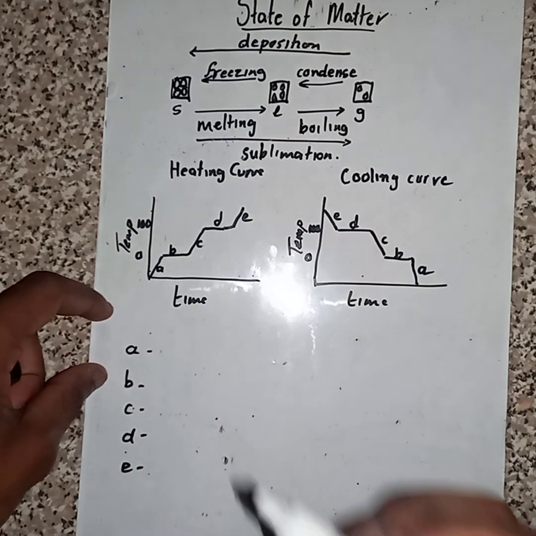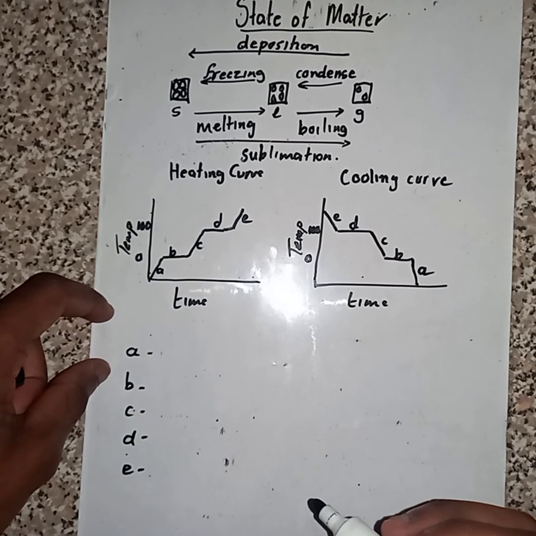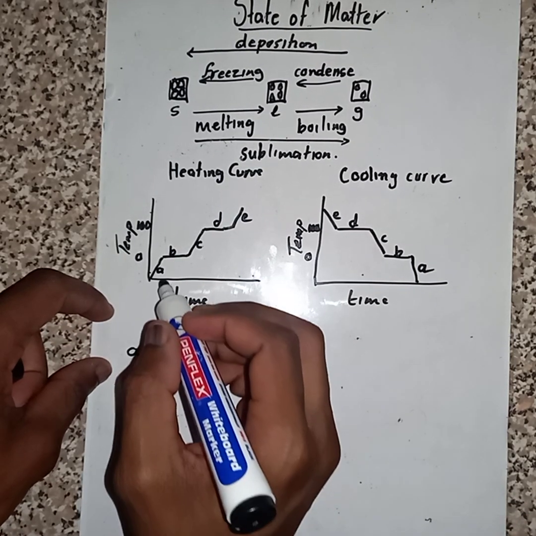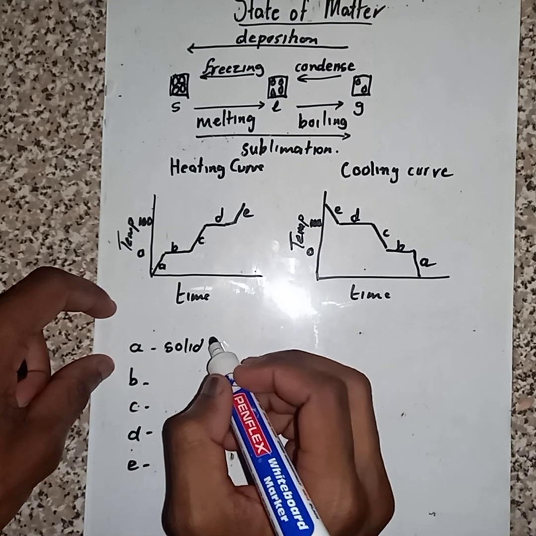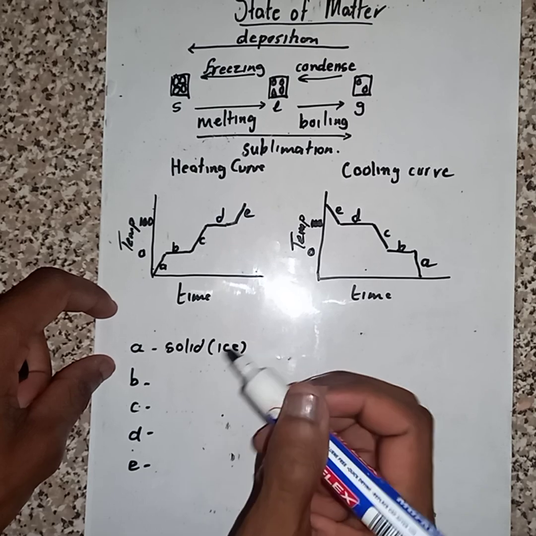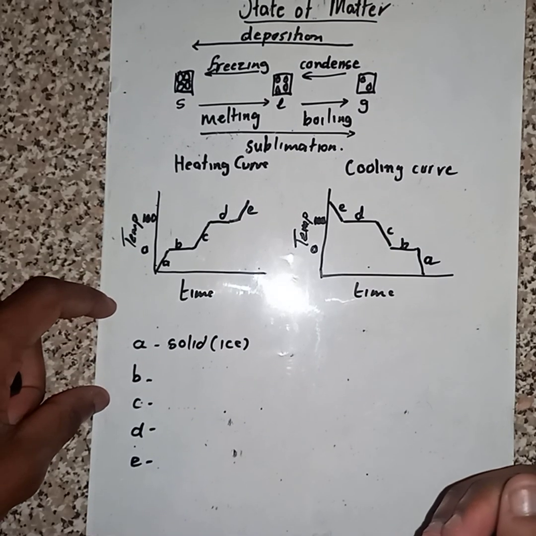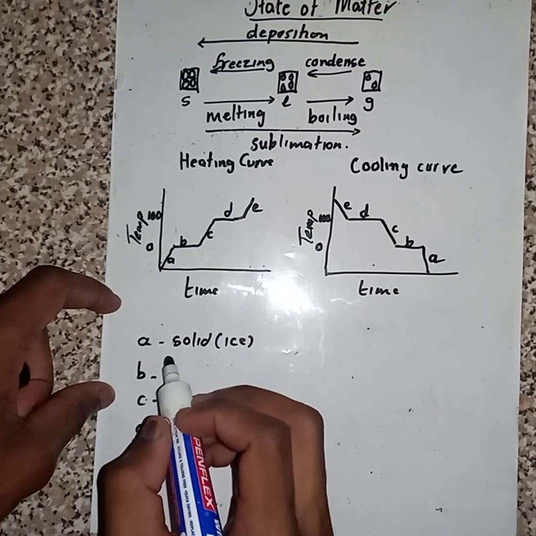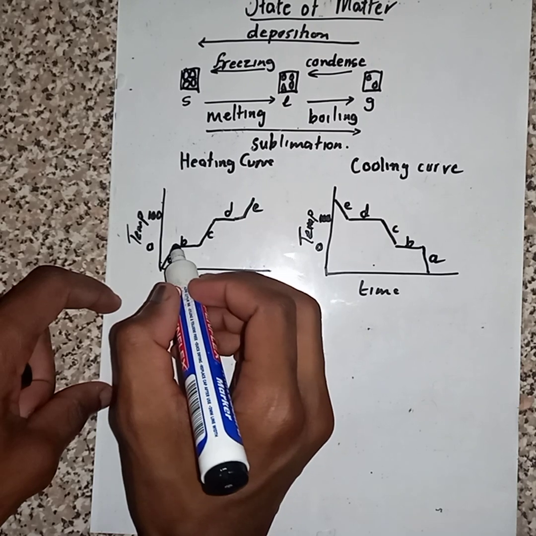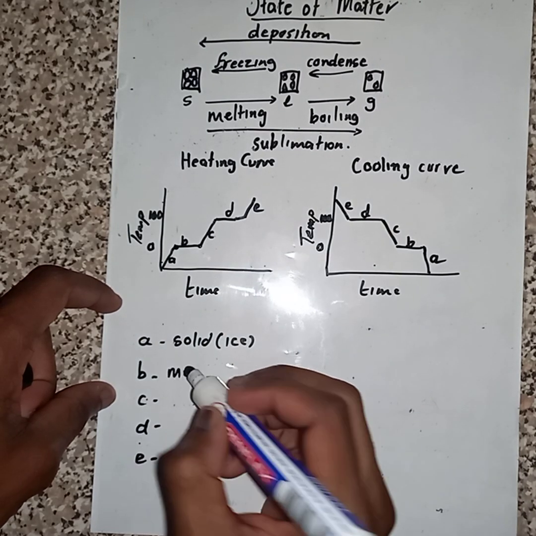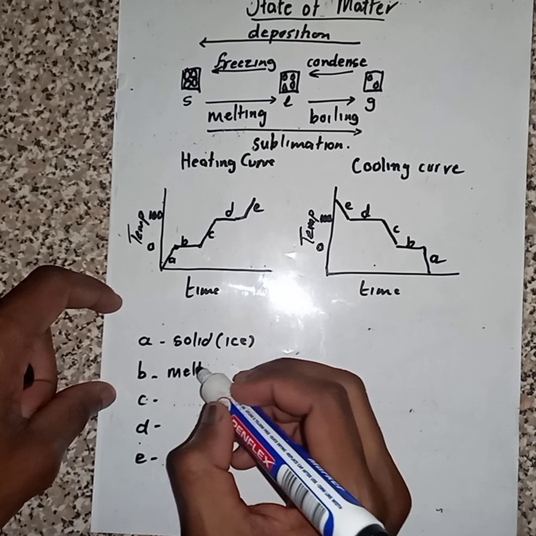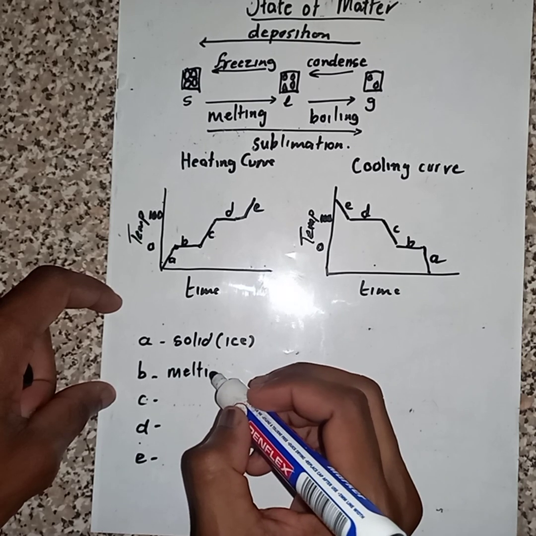Then at A, what is happening at A? At A, we get a solid phase, of ice, below 0 degrees Celsius. Then at B, from this point up until this point, the melting point.